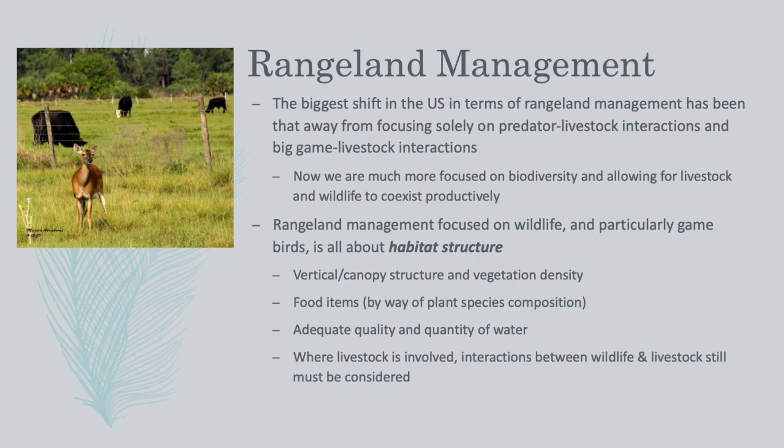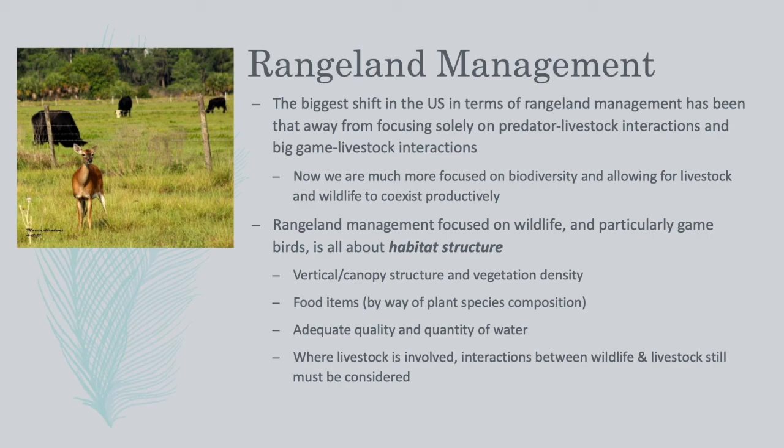So what do I mean when I say habitat structure? Well, that refers to the vertical plant structure or the canopy structure. And believe it or not, prairies do have canopies. They're just way down by the ground compared to a forest. But you can have multiple layers of grasses and multiple canopies in a prairie ecosystem. It's just very small scale.